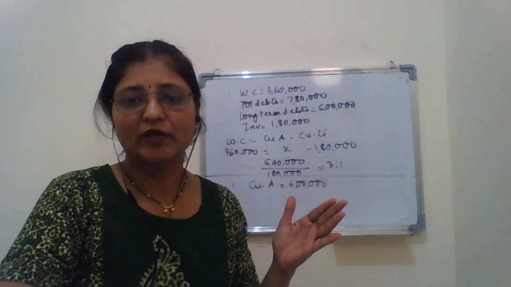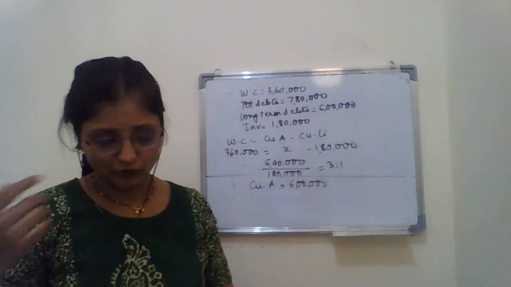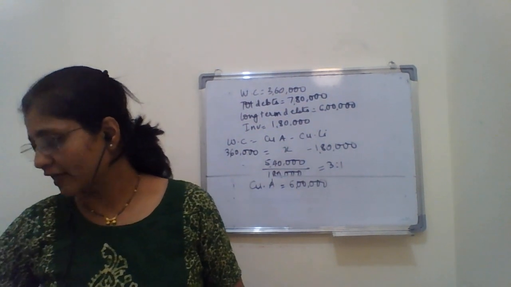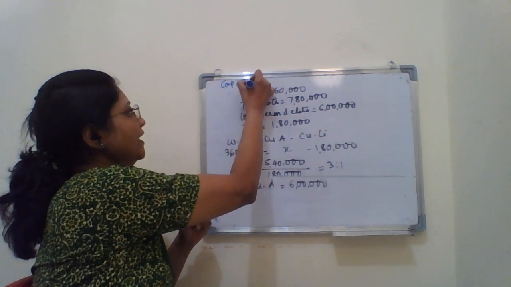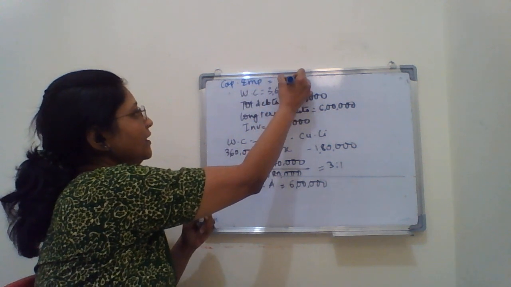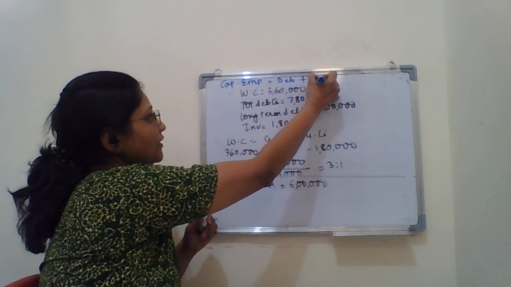The formula of capital employed is debt plus equity.